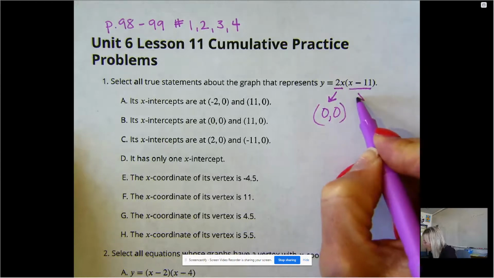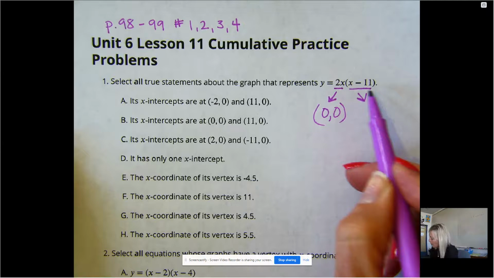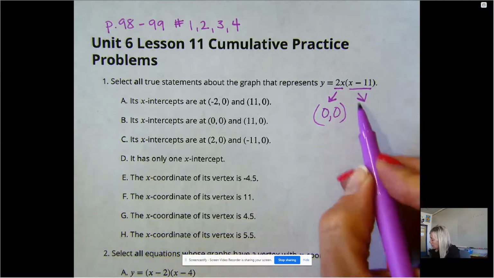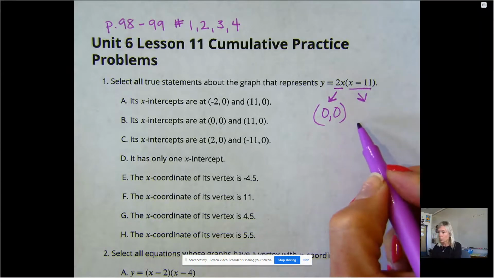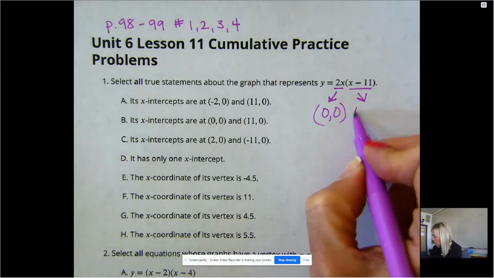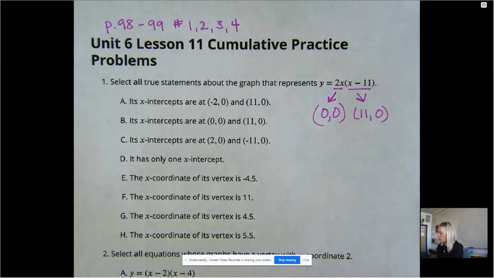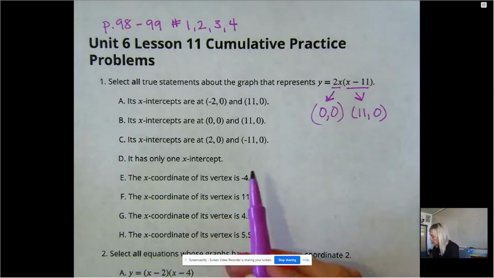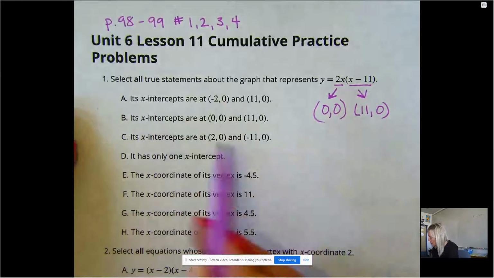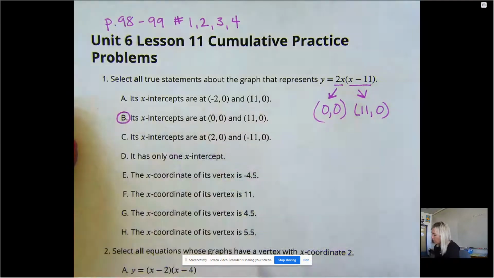And then from this factor, I know this gives me an x-intercept of 11 because 11 would be the x value that would make the function equal 0. And so when x is 11, y is 0. So those are going to be the x-intercepts of the graph. For x-intercepts, they are (0, 0) and (11, 0), so we're going to select B.